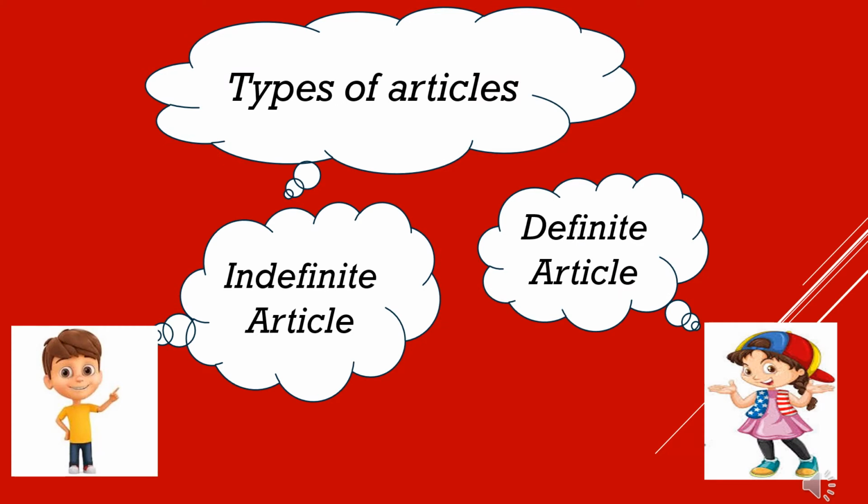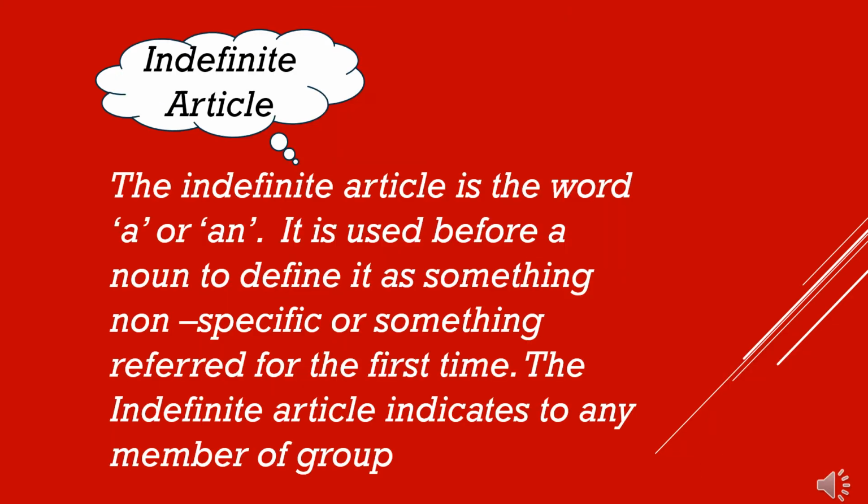Now I am going to explain types of articles. There are two types of articles: indefinite article and definite article. Now let's talk about the indefinite article. The indefinite article is the word a or an.